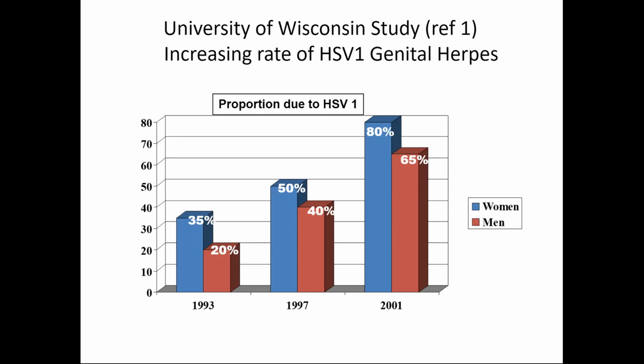Now, the precise reasons for this increase aren't clear, but the authors speculated that it may be related to a reduced rate of HSV-1 seroconversion during adolescence and an increased rate of orogenital sex among young adults. I honestly haven't seen any further work on this to really pin down exactly what's going on here.